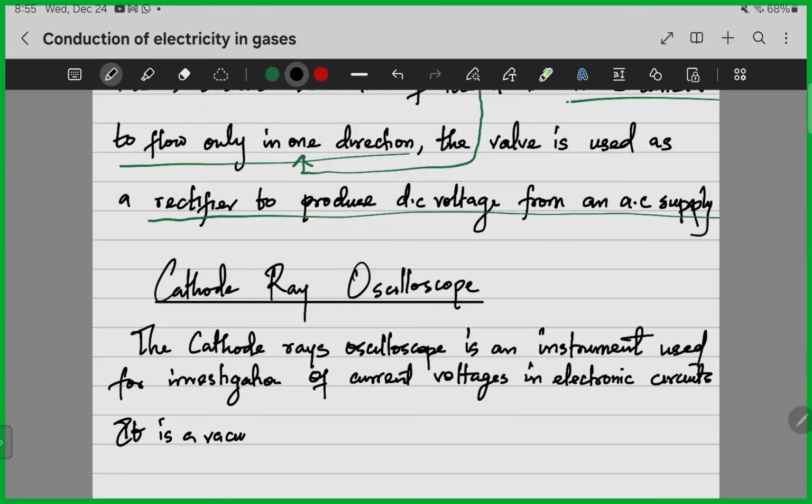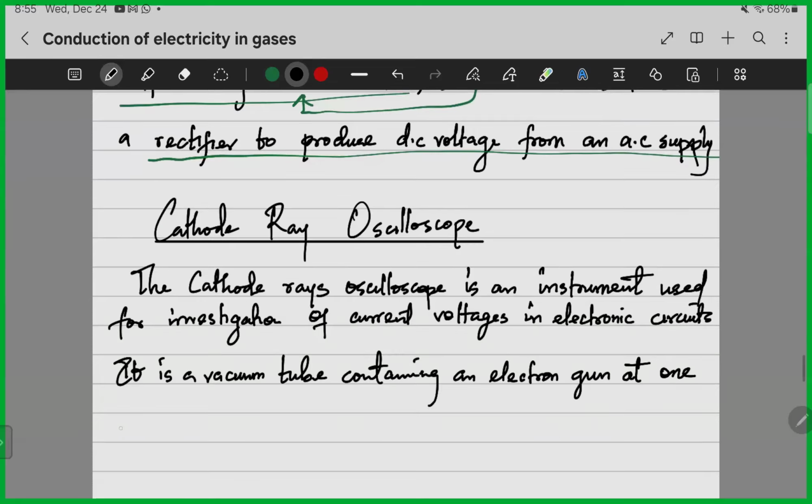It is a vacuum tube. So they told you the use; they're not telling you the morphology, how it looks like. It is a vacuum tube containing an electron gun at one end and a fluorescent screen at the other end.